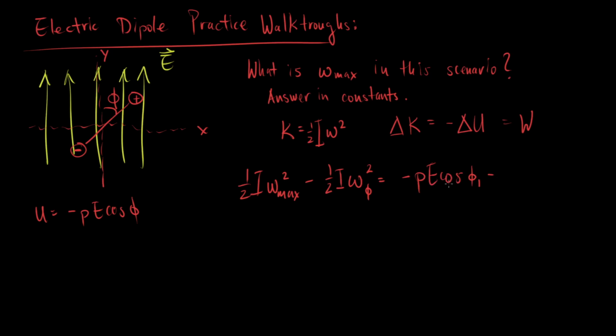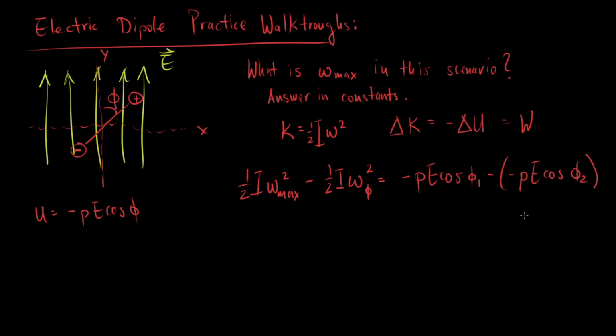To understand this really clearly, let's make sure we know what we're talking about. Phi 1 is the smaller angle, and if it's directly here, then it would just be PE. And for here, it would be minus negative PE cosine theta 2.